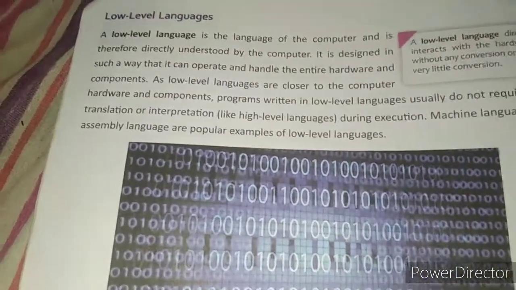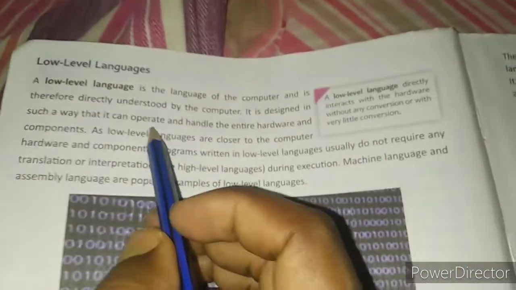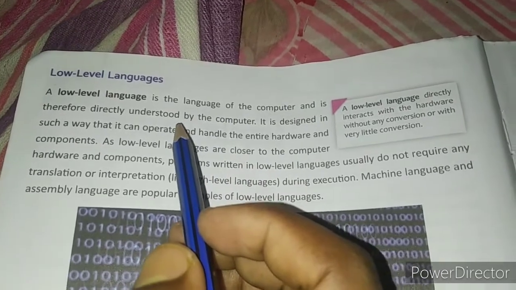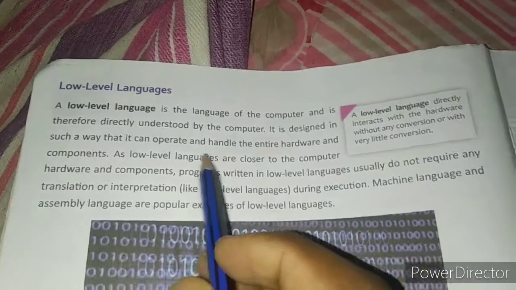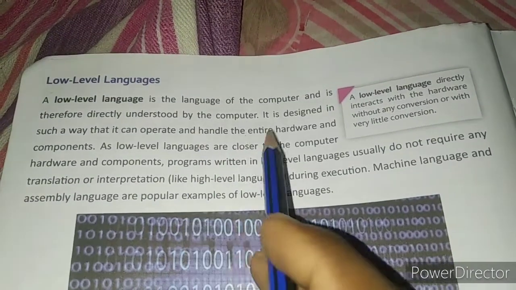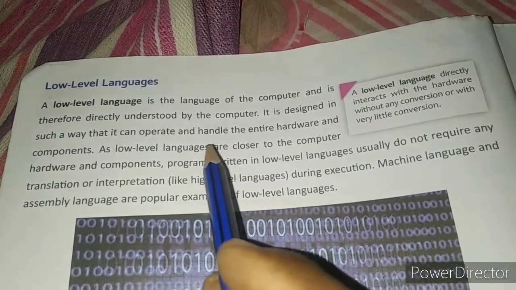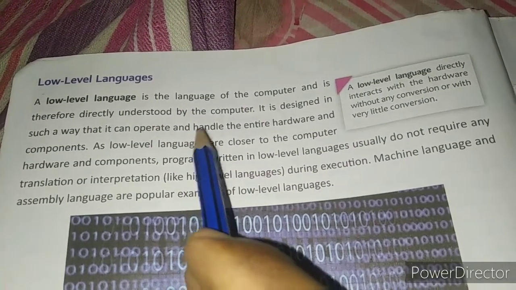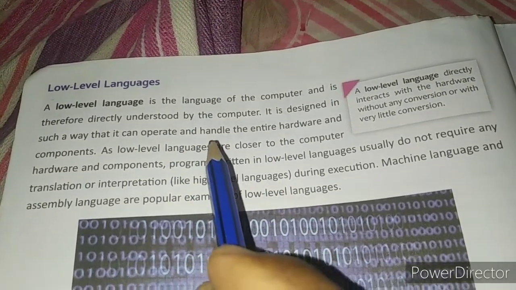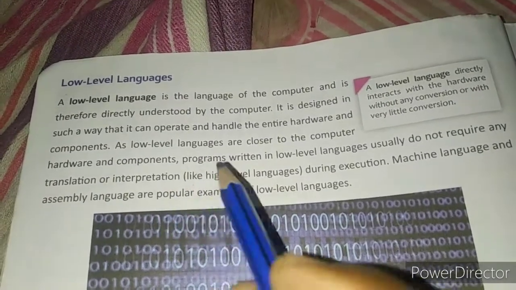It means what? Low level languages are machine dependent. Clear? Machine dependent. And here they are very close to the hardware, and so by this the hardware can be easily controlled.